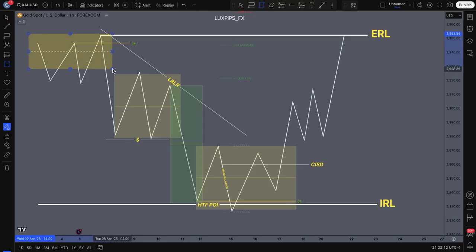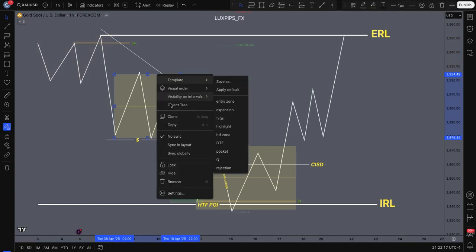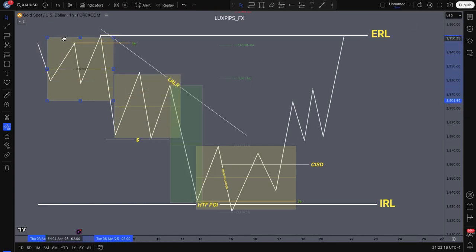I'll call these accumulations. Little areas right here, accumulation, but I'll call this a structure. Because after price expands into your POI, it's gonna have to make some type of structure to then make the buy side curve.